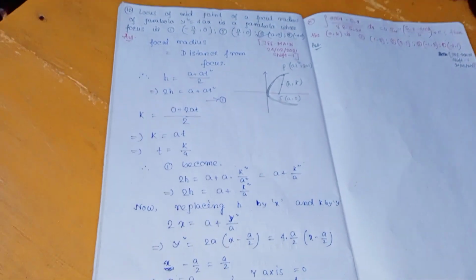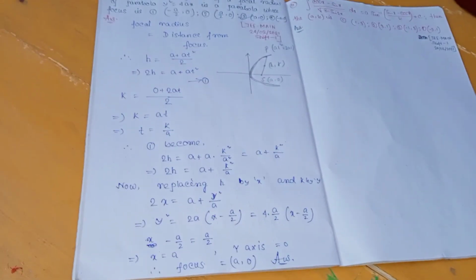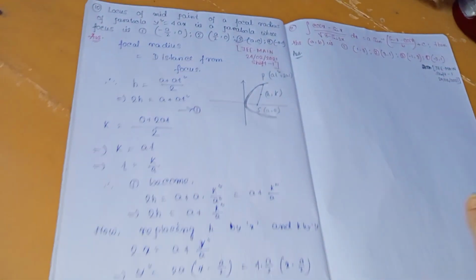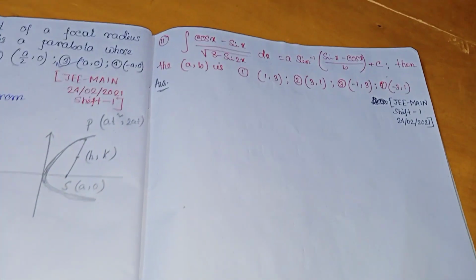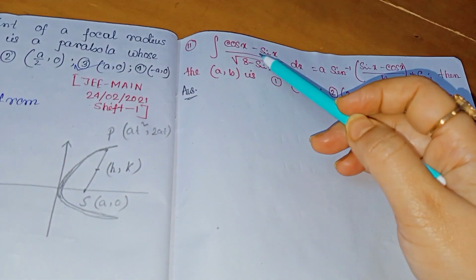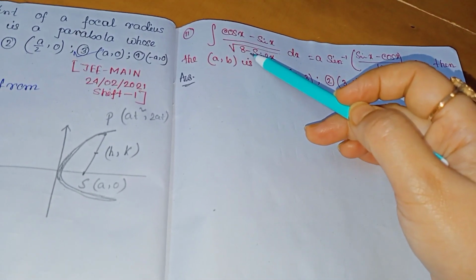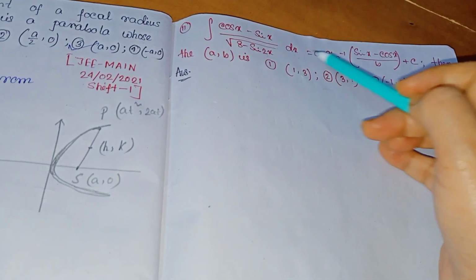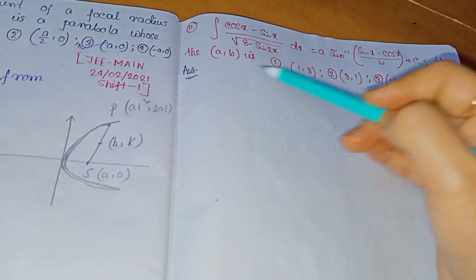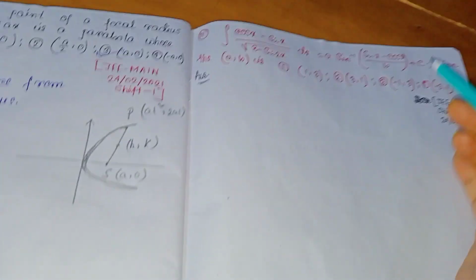So here is the whole solution of question 10. Now moving to question 11. The integration of cos x minus sin x divided by root over 8 minus 2 sin 2x dx is equal to this, then a and b are?